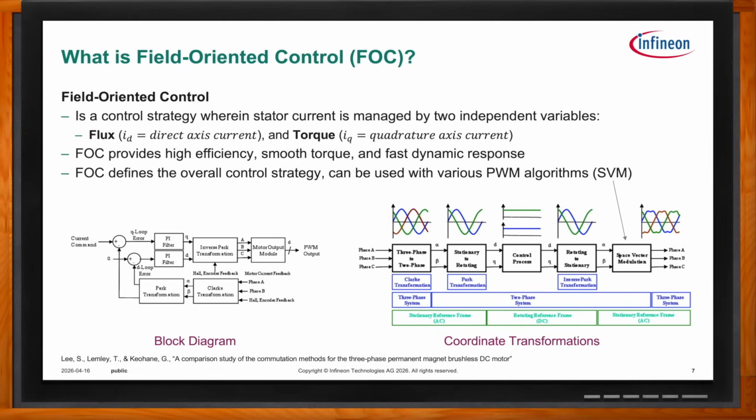It's a pretty cool concept where the strategy, rather than simply driving current into windings, you have two independent variables. The first is flux. It's essentially the direct axis current, I sub d. Think of it as, you already have a permanent magnet, right?